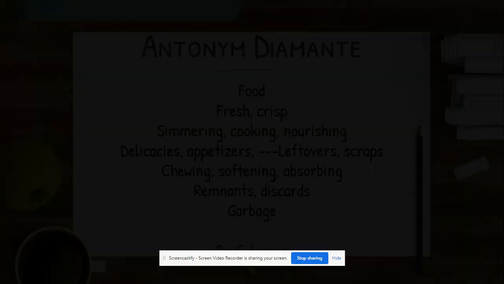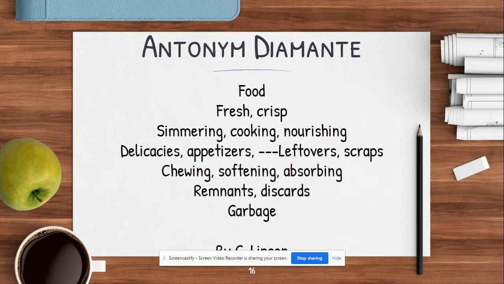So let's look at an example. Food. Crisp, fresh, simmering, cooking, nourishing. Delicacies, appetizers. Okay, so all of that represents the top. Now we're starting to do the bottom.